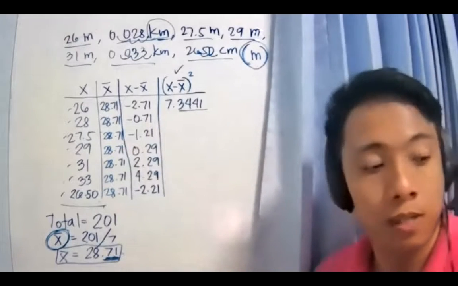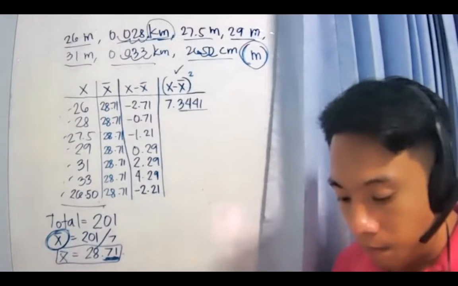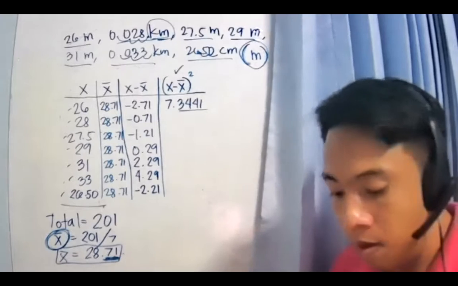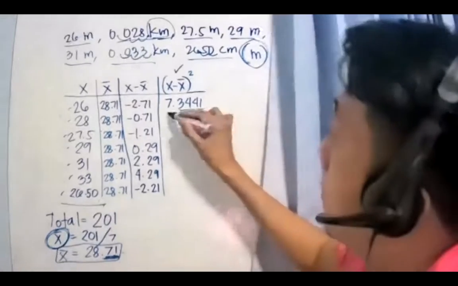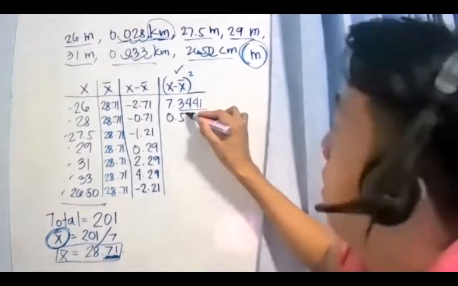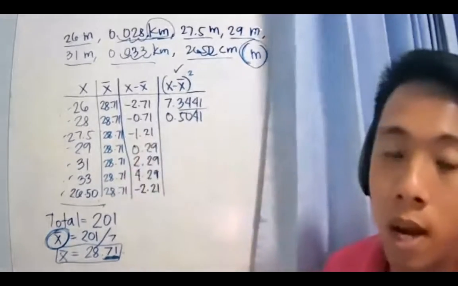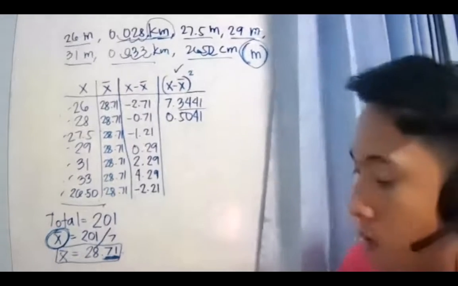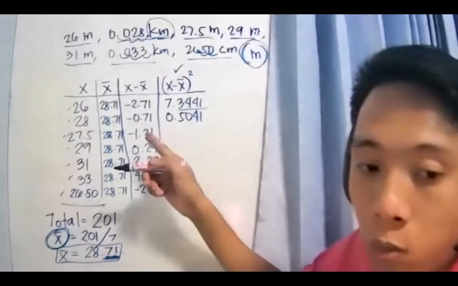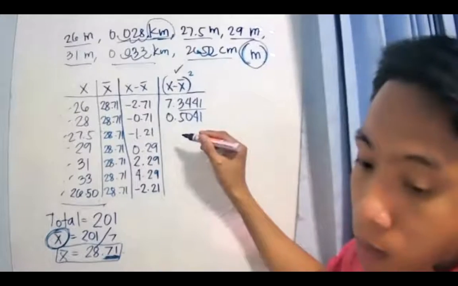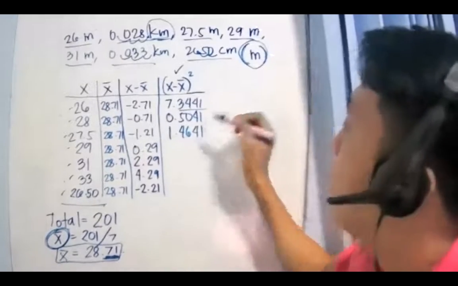0.71 squared. What is 0.71 squared? The answer is 0.5041. Okay, next, 1.21 squared. 5 seconds. Okay, 1.21 squared is 1.4641.